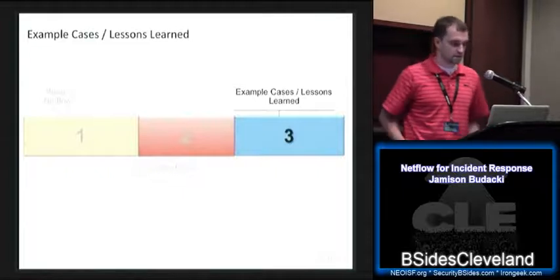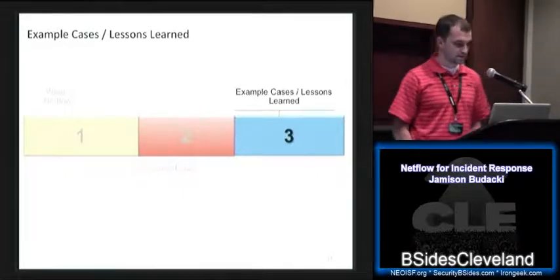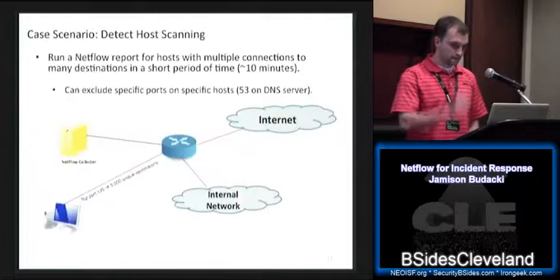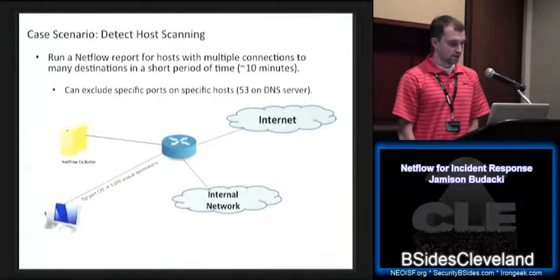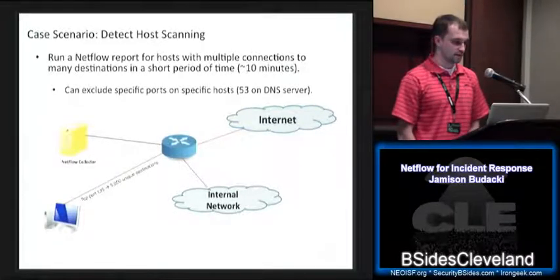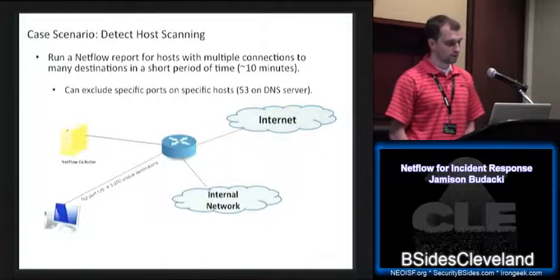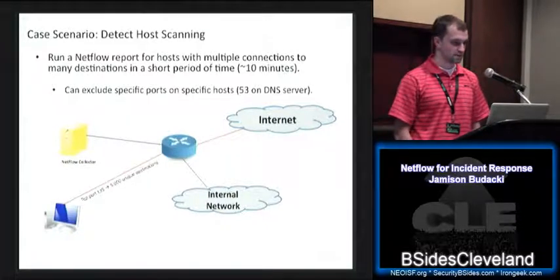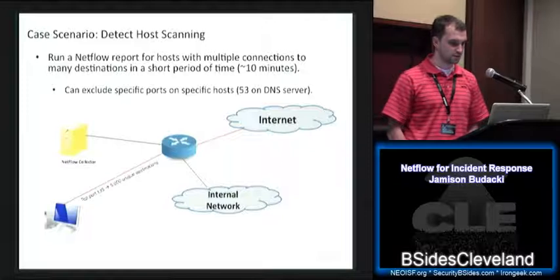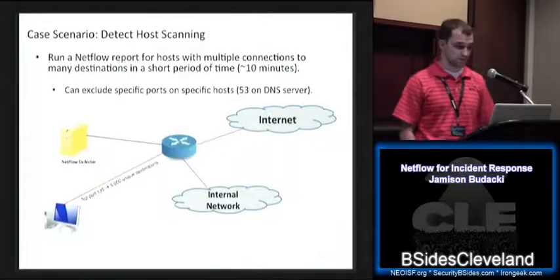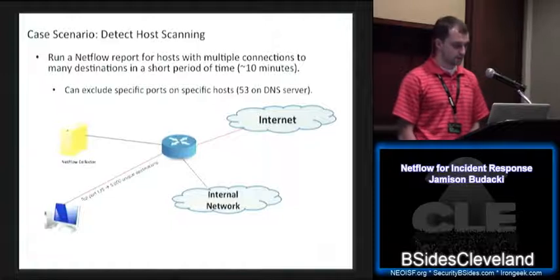All right, now we're going to talk about some example cases, and then we'll follow up with some lessons learned. So a great case scenario here is to detect a host that's scanning. Basically, you're going to run a NetFlow report for hosts with multiple connections to many destinations over a short period of time. You can exclude ports on specific hosts, such as 53 on your DNS server.